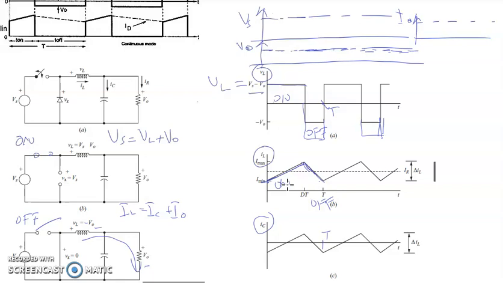But in this situation, we consider CCM, continuous current mode, which means that the current always conducts on the positive side. It is not going to the negative, and it is not operating at the border, what is called boundary mode or discontinuous mode. At this time we consider continuous current mode, or continuous conduction mode.